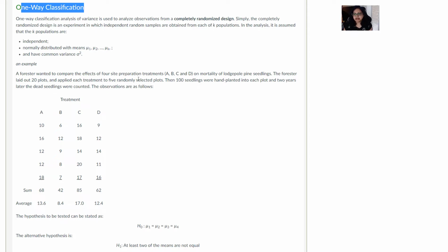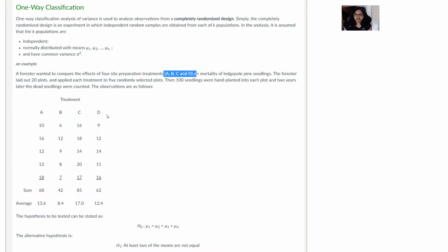In this example, you can see that we have treatments, only one factor. In that one factor, we have 4 kinds of treatments on mortality of logical time, and we have 20 plots altogether. In each of those plots, we apply those treatments randomly, and we have 5 randomly selected plots for each.